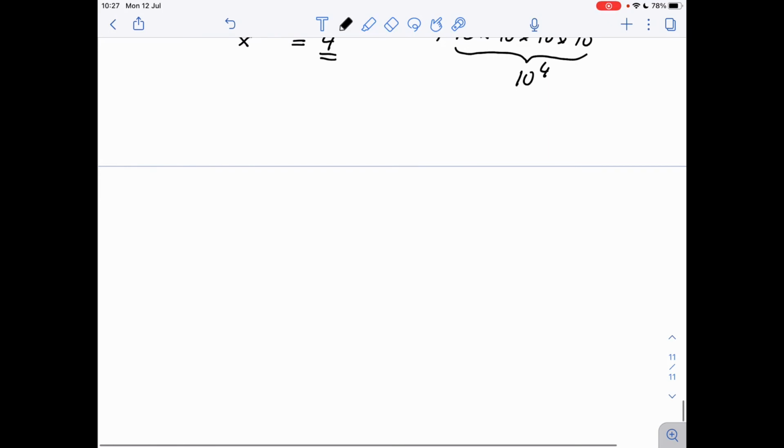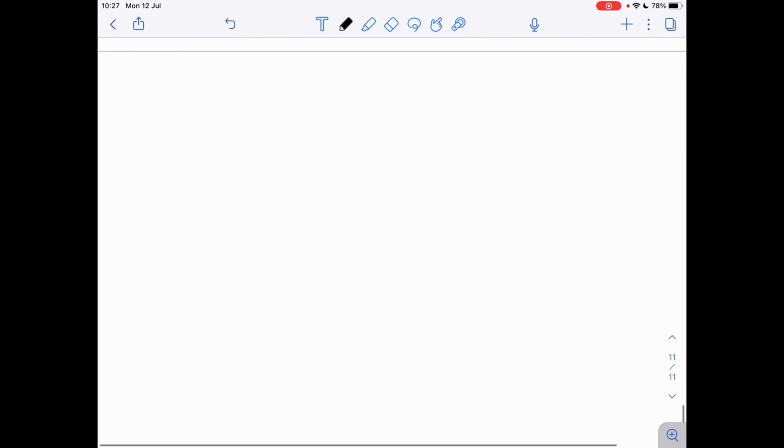So, for example, we have something like 10 to the power of x equals 4. And we want to know what is x.